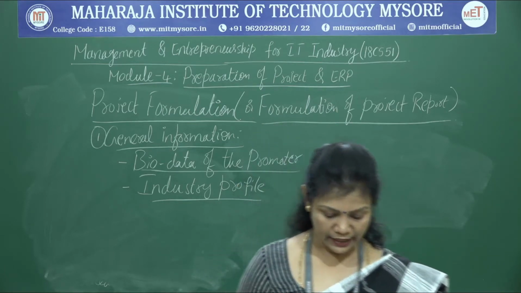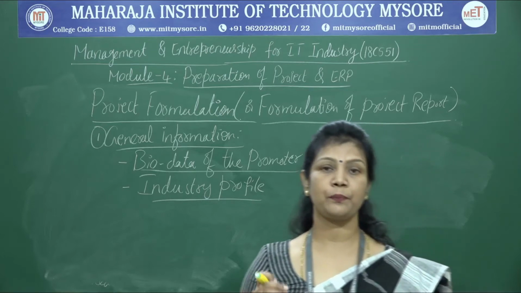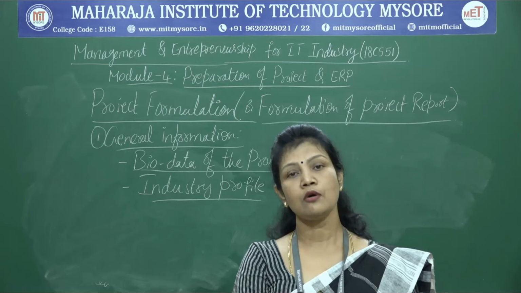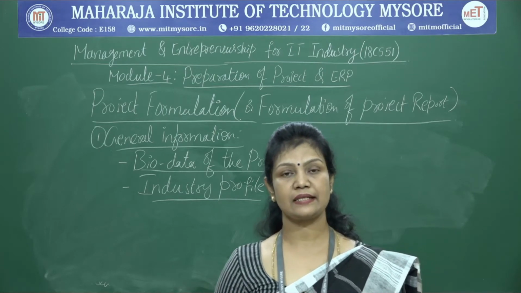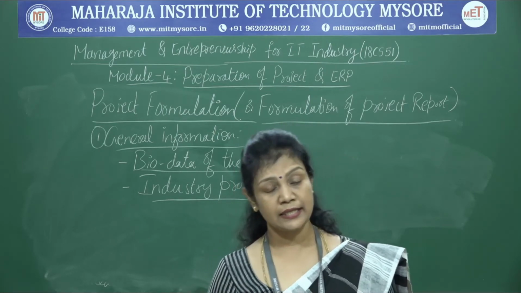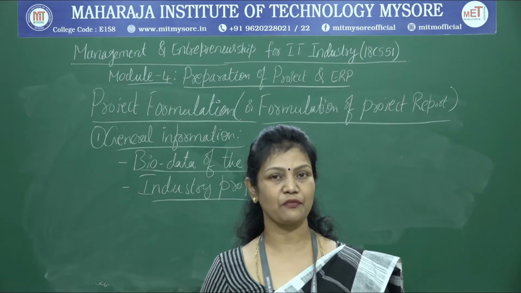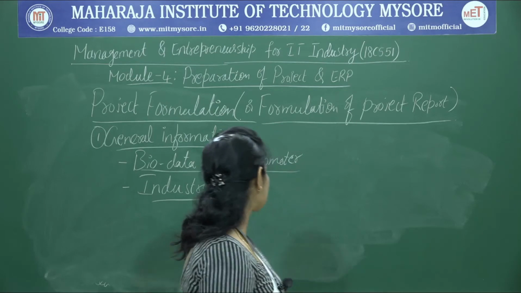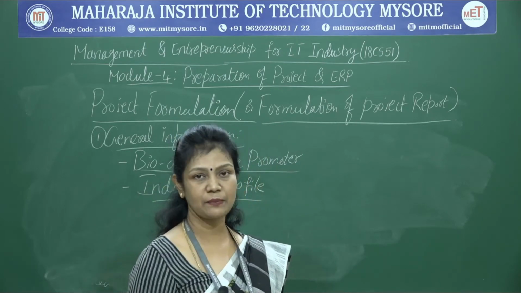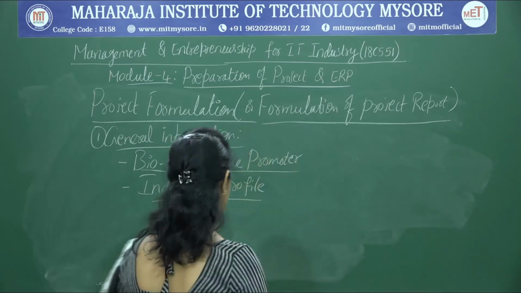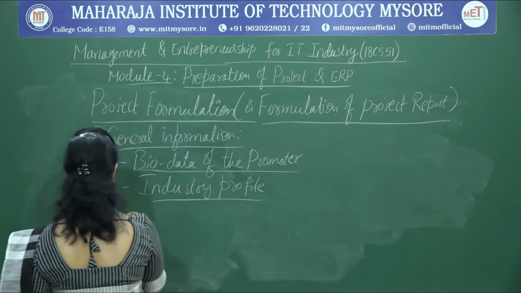They have to specify the past performance of the organization, also the present status of the organization, followed by its problems, if any, under the industry profile. So moving further, we have constitution and organization.